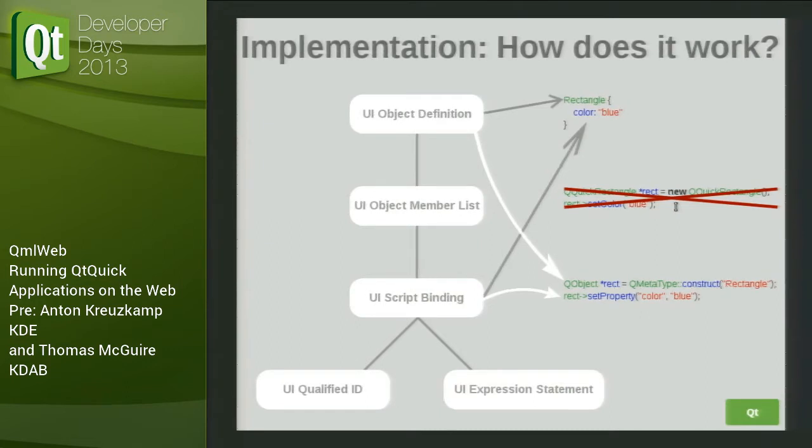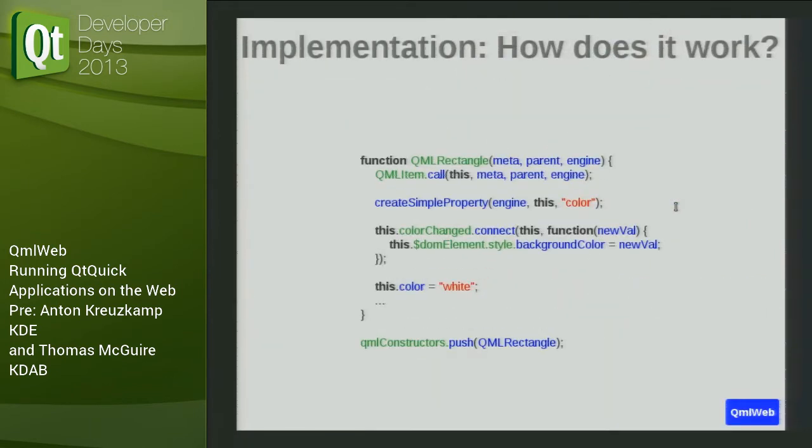To sum up, the QML engine in Qt examines the abstract syntax tree after parsing the file, and then it instantiates the C++ item instances, because it knows from the meta object system which name corresponds to which C++ class.